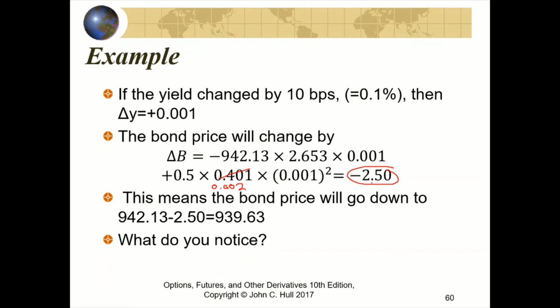The change in the bond price is similar to the change in the bond price when we did not consider the convexity in the previous example. And this illustrates that for a small change in the bond yield, we will capture accurately the change in the bond price by using the duration.